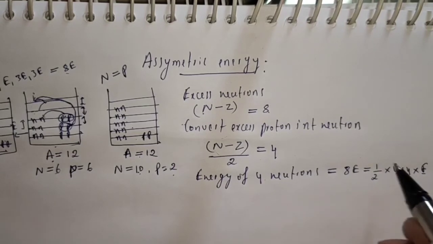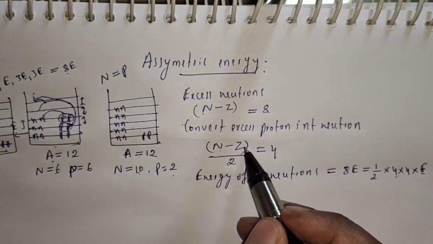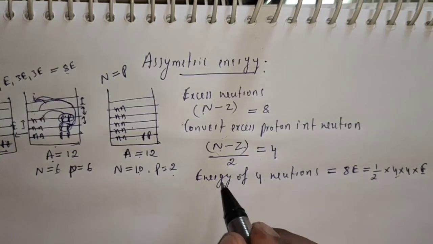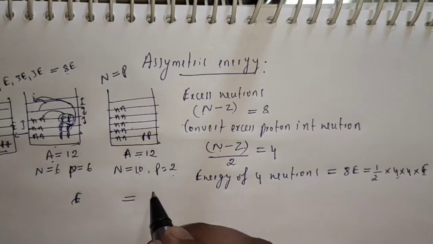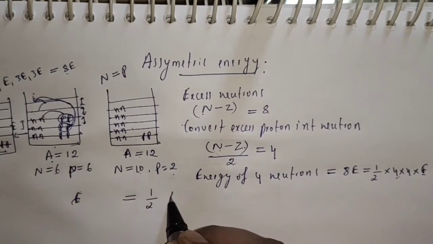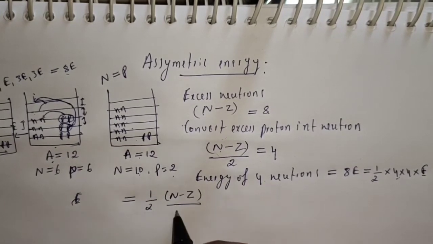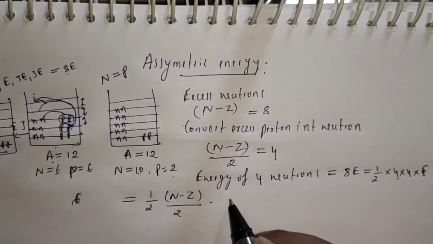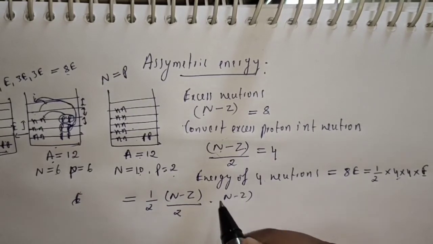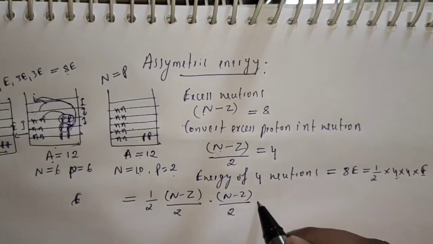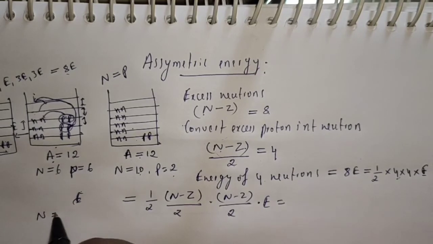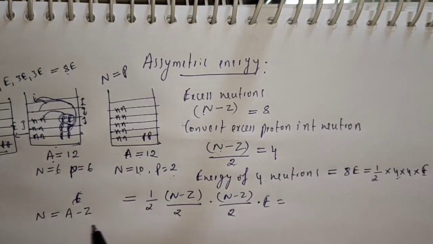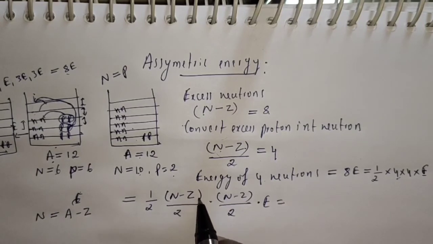And here we know that 4 is nothing but n minus z by 2. So if you substitute in this equation, we are going to get 1 by 2 n minus z by 2 into E. Or we can write one more thing, n is equal to A minus Z. If we substitute A minus Z here, we are going to get A minus 2Z.